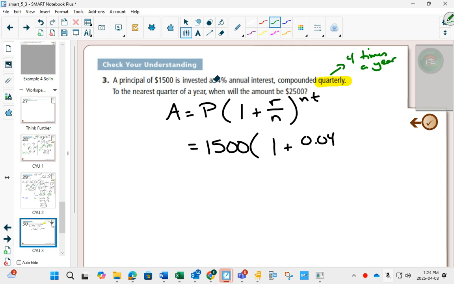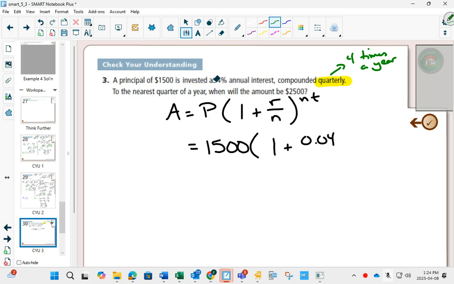Most common one is monthly. Monthly is how many times a year? 12 times a year. Tricky ones, last year's exam had semi-annually. Does anyone know how many times a year semi-annually is? Twice a year. Right?